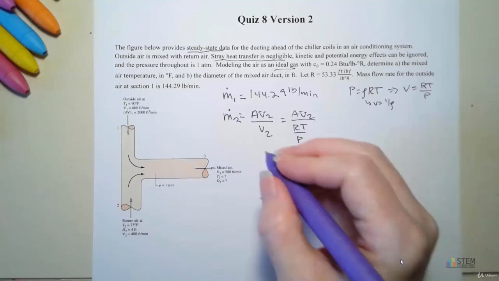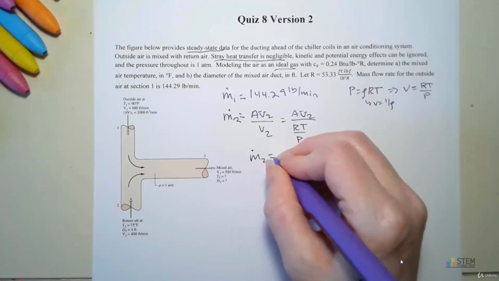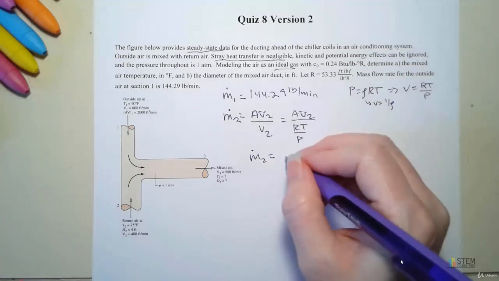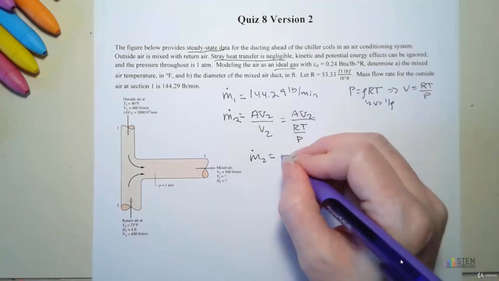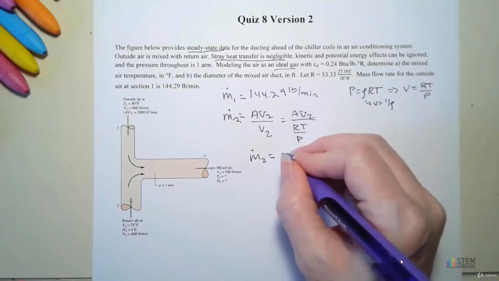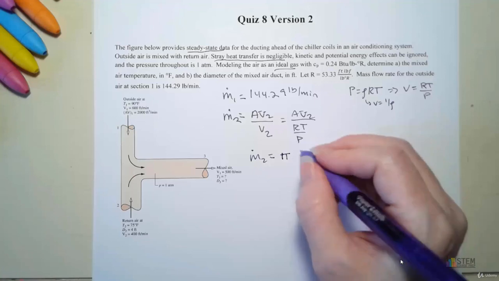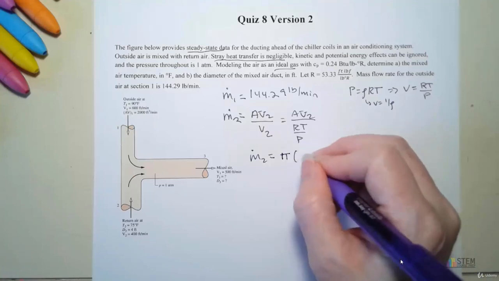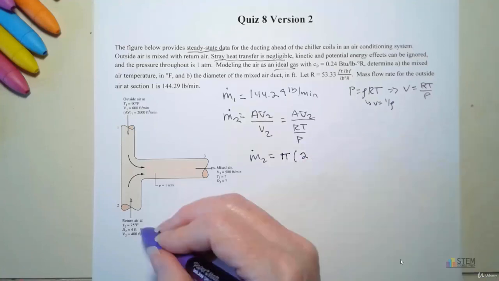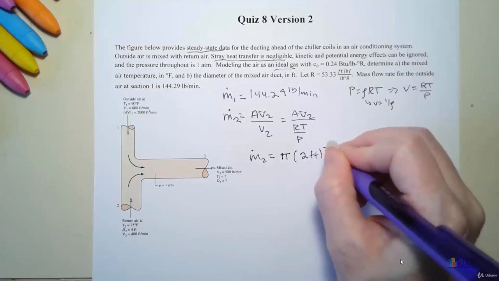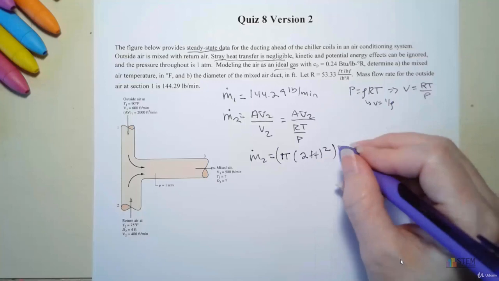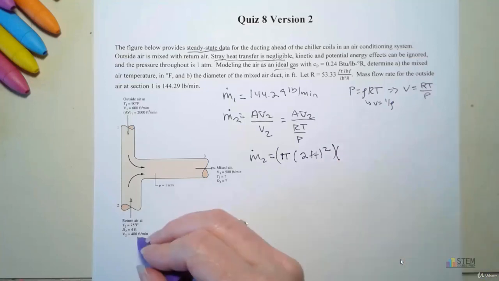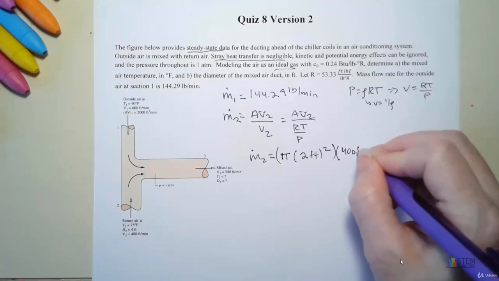So let's go ahead and fill this in. The area is going to be pi r squared. We're given diameter, so we need to divide that by 2. So we're going to have pi times 4 divided by 2, squared. That's our area, multiply it by the velocity, which was 400 feet per minute.